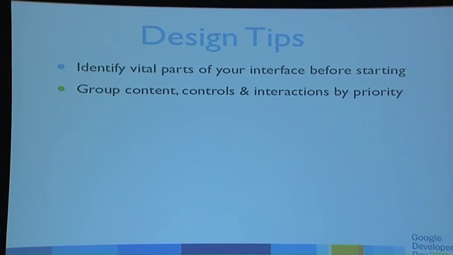Group your controls, group your content together. It's all pretty standard UI design. Basically throw out everything that's not essential to your application. Make it easy to get to the core of why the user started your app. And be consistent. Stick with one navigation mode. A user uses a bunch of applications, not only yours.